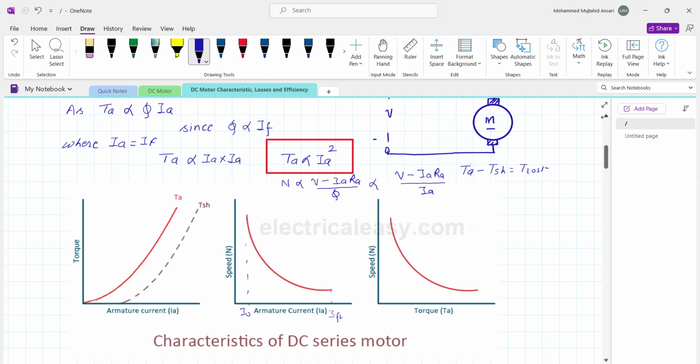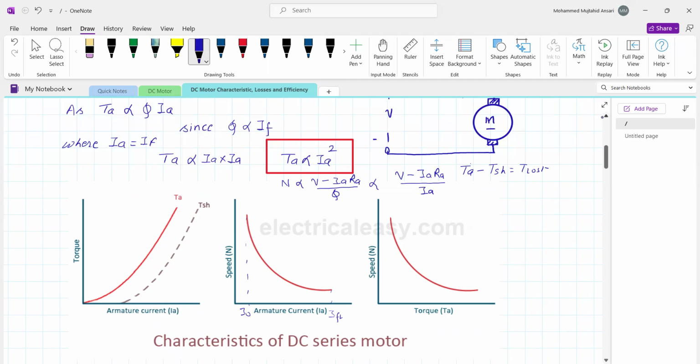So the DC series motor is always started with some small light load. This type of question is asked many times in interviews, practical examinations, as well as objective type questions.